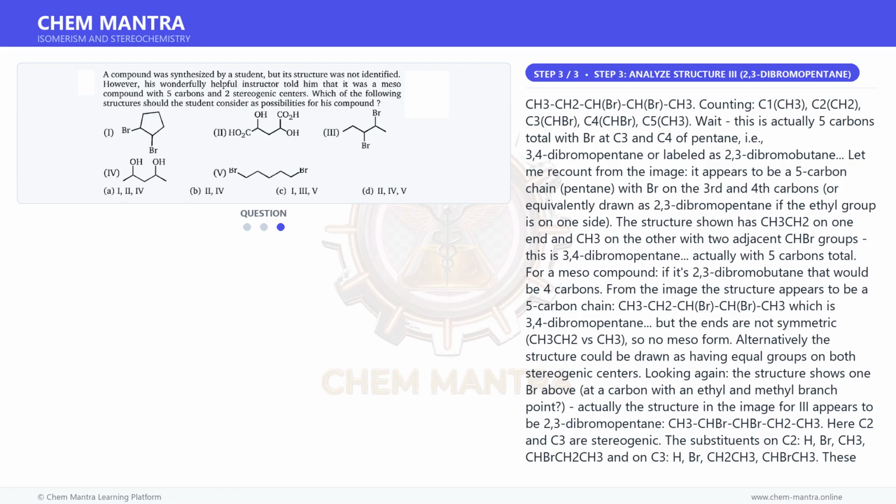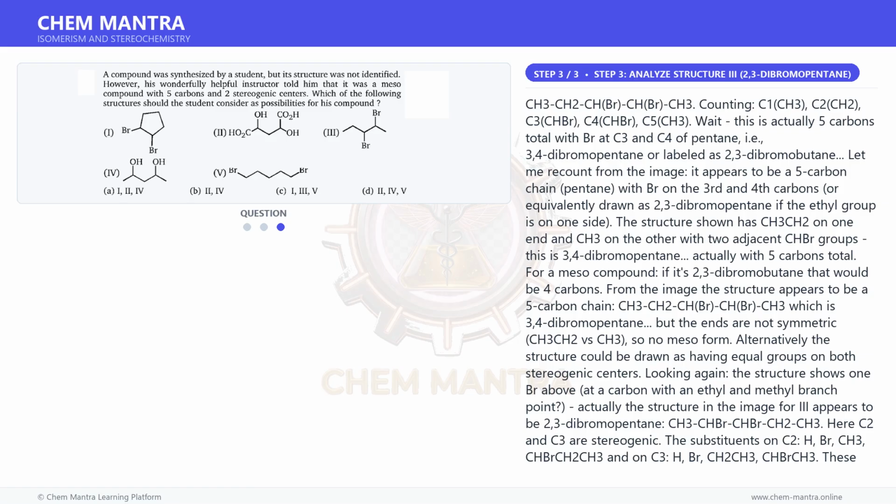Looking again, the structure shows one Br above, at a carbon with an ethyl and methyl branch point. Actually, the structure in the image for 3 appears to be 2,3-dibromopentane, CH3, CHBr, CHBr, CH2, CH3. Here C2 and C3 are stereogenic.